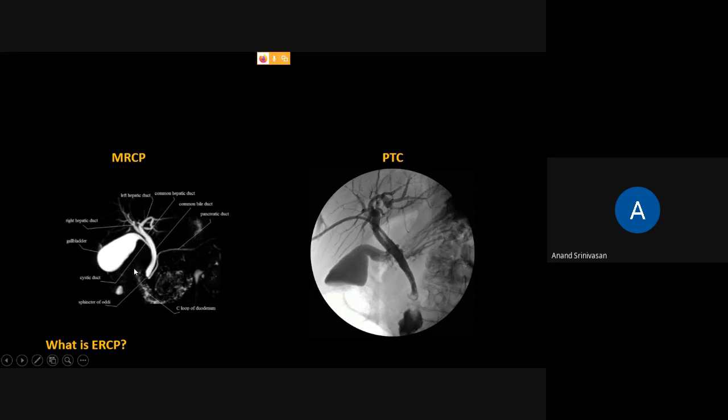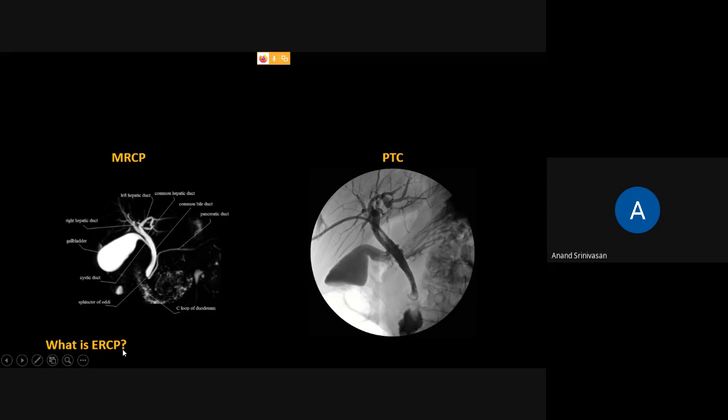They will pass an endoscope through the esophagus, stomach, duodenum, and from the second part of the duodenum, they identify the duodenal papilla, and then they inject a contrast dye. Then they take the MRI. So that's why this is called magnetic resonance cholangiopancreatography.